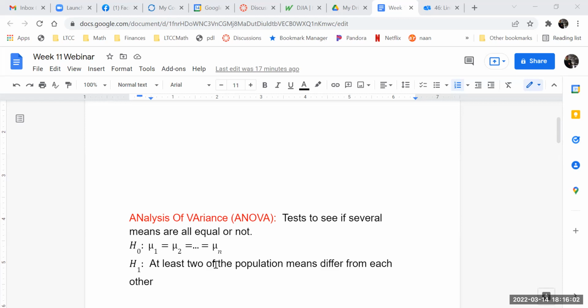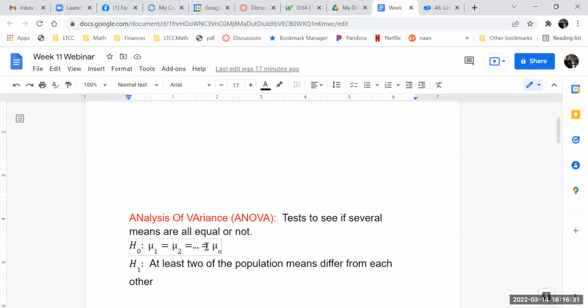What I have found in my long time of teaching is that if I tried to write H1 in symbols, or when I used to do that, nobody understood it and everyone got it wrong on the test. So I gave up, and I've learned that I just do it in words because that works. The symbols are really messy. Instead, what I recommend, and this is what you need to do, is H naught will always be: you list out all the mu's, and if there's only a few of them, you can list them out.